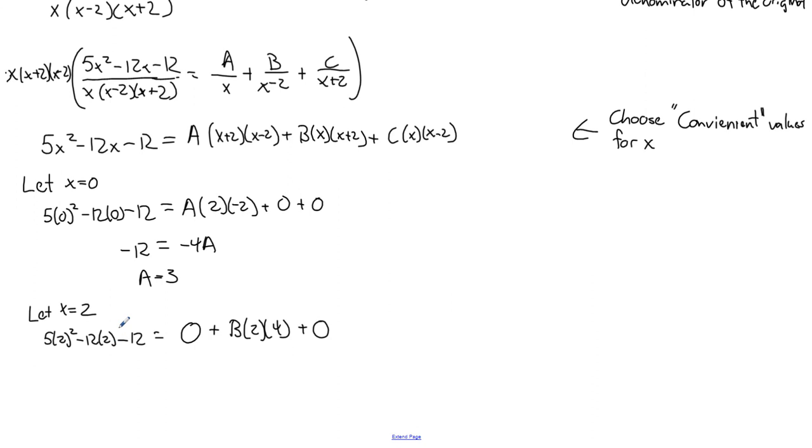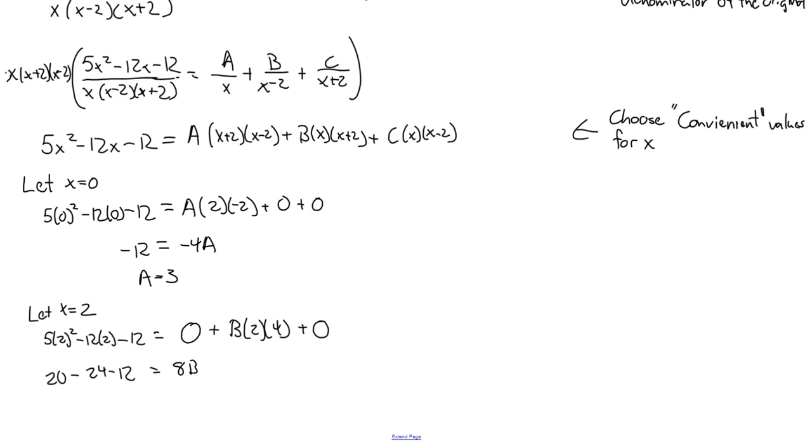All right, so I get, let's see here, 2 squared is 4, 4 times 5 is 20, and then it will be minus 2 times 12 is 24 minus 12. And then 2 times 4 is 8, so I have 8b.